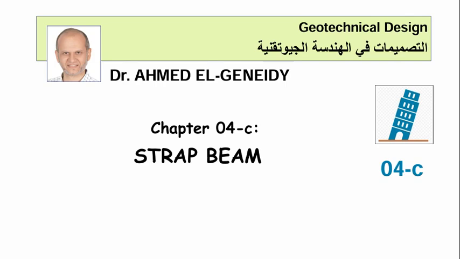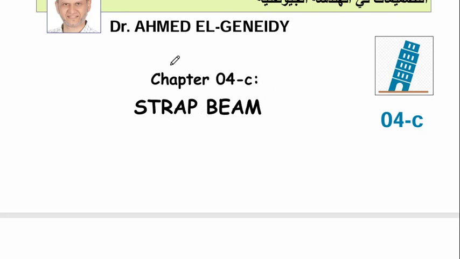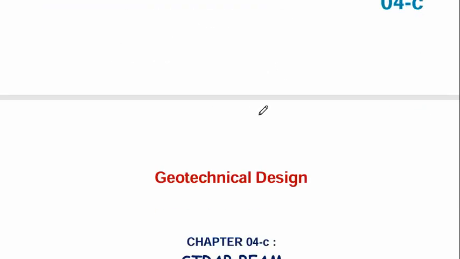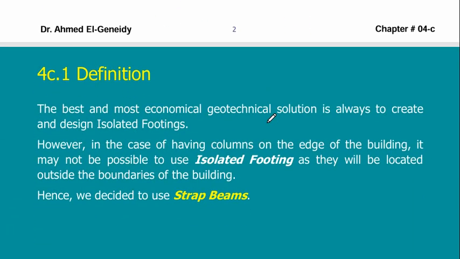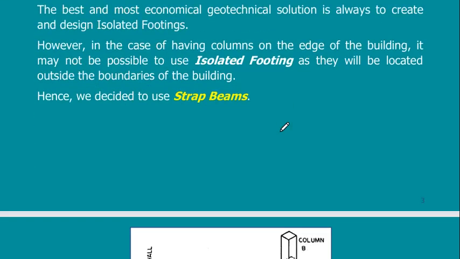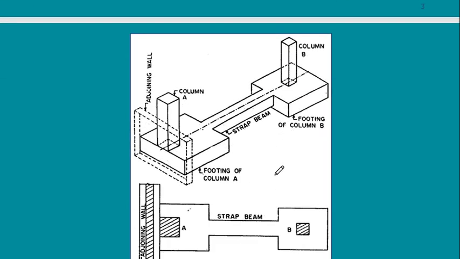So, because we cannot do this, then we need to have a special type of footing called strap beam. Now we are going to discuss what is a strap beam. This is the shape, but we are going to discuss it now in details. This is the first column.